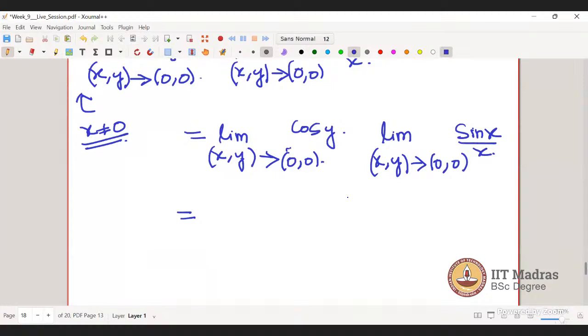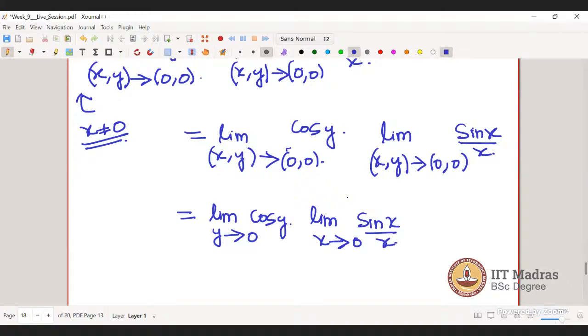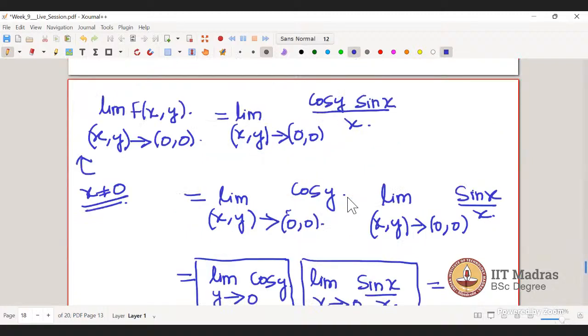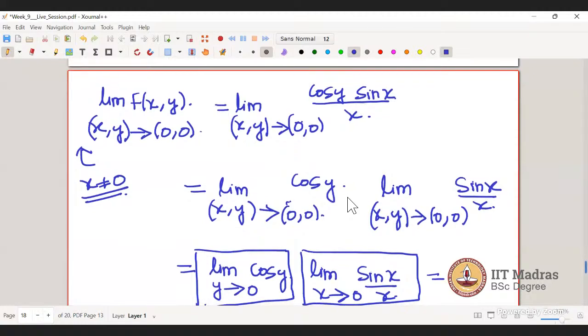This is basically a function of one variable, so we can simply omit the x part, because it's pointless to include x tends to 0, since that function doesn't depend on x. So now what is this limit? That is 1. This limit is also 1. So the product is 1.